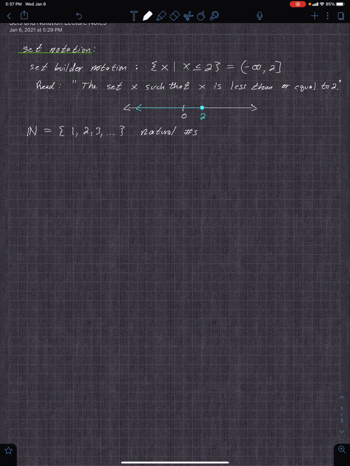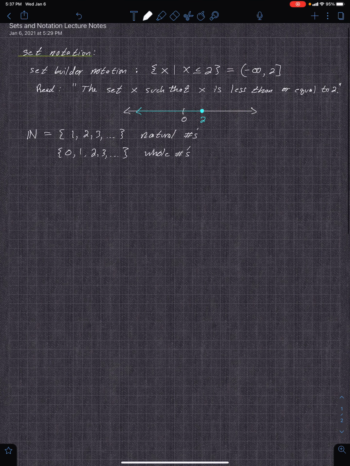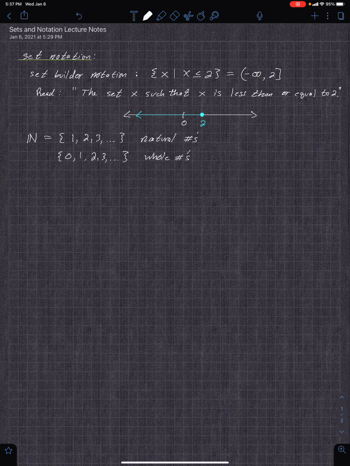Then you can throw in 0, and those are considered the whole numbers. 0, 1, 2, 3, etc. Those are the wholes, or whole numbers. And we often don't say naturals or whole numbers. We use integers. Let me keep that down for a little bit. Okay, so integers is the symbol Z, like that. And you throw in the negatives.